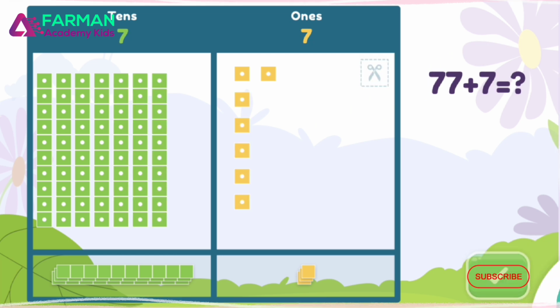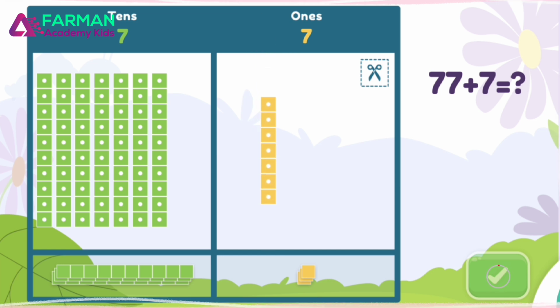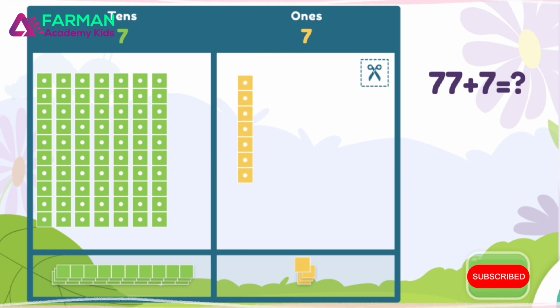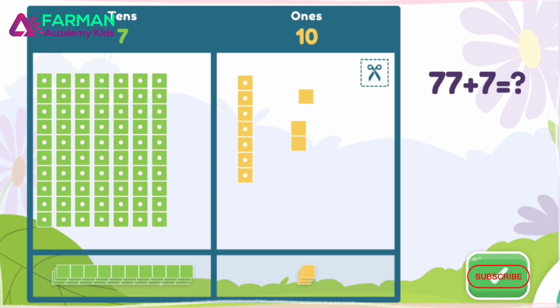Use the rods and blocks to solve the equation. 77 plus 7. 10 blocks make one rod. Good work!